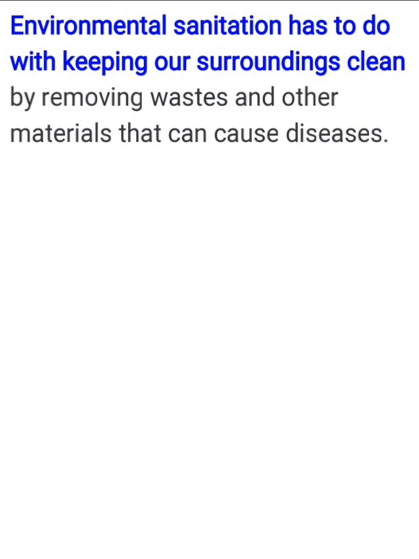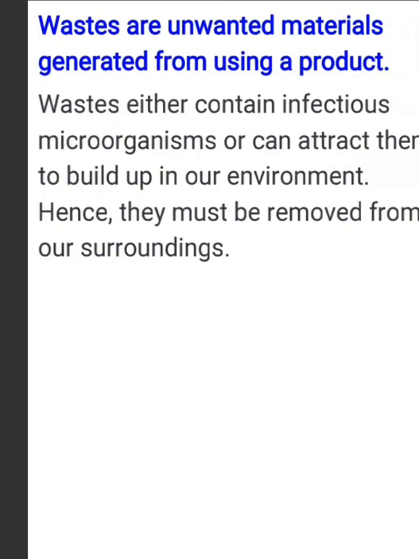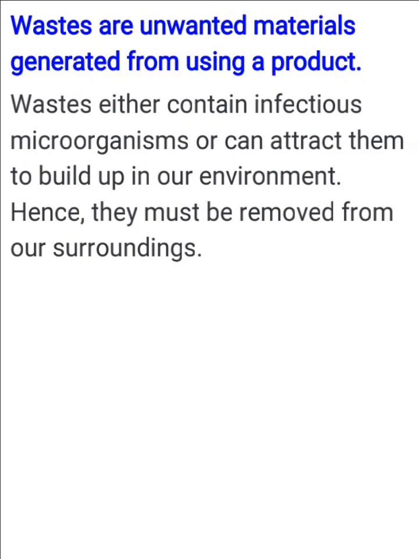And so we now make progress to waste. We want to see what wastes are and the types of waste that exist. And so let's review the next slides to see the meaning of waste. Waste are unwanted materials generated from using a product.